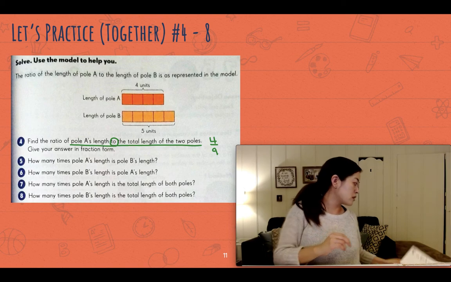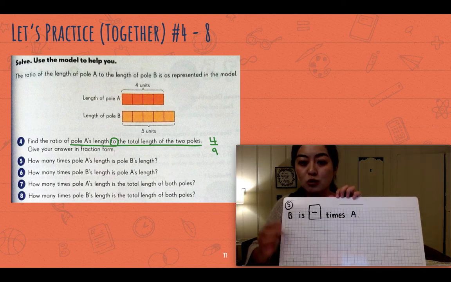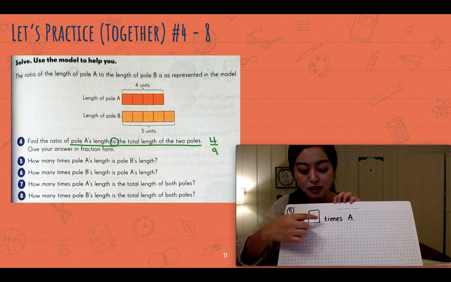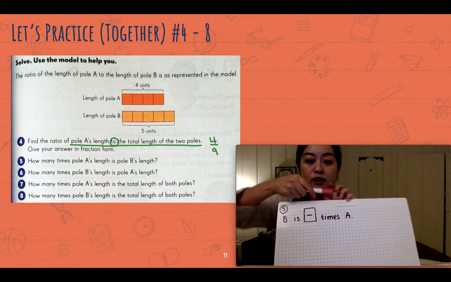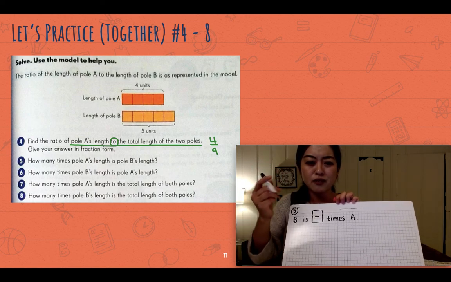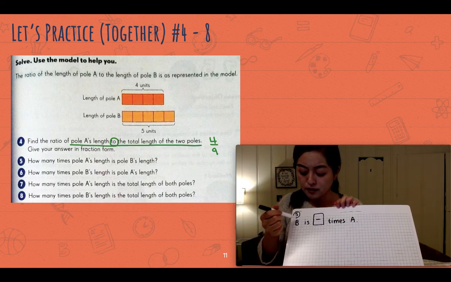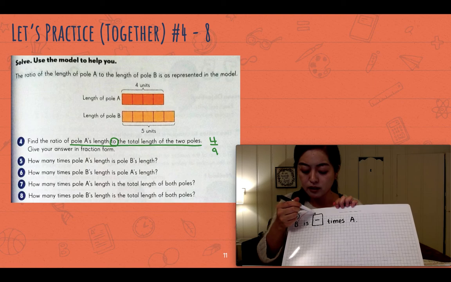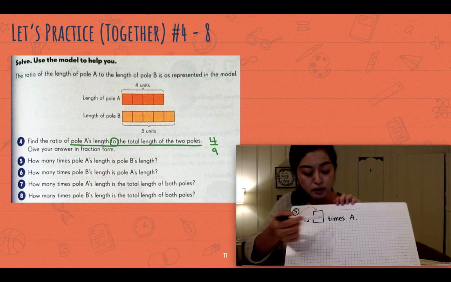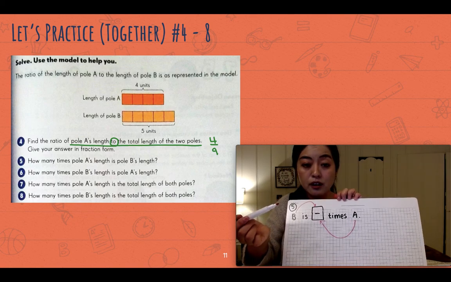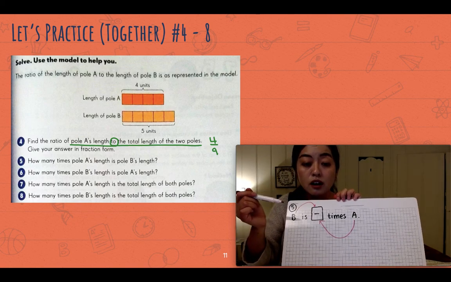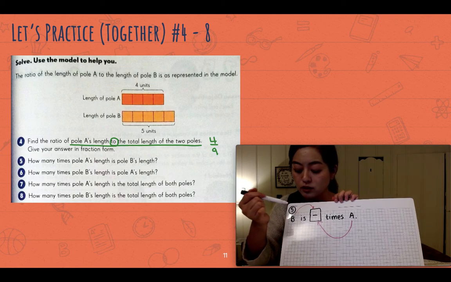That's the form, okay? So in shorthand, I just wrote B is something, a fraction times something else, A, okay? So that means for here, B, I have to write it where? In my numerator. And A, I have to write it where? In my denominator, okay?